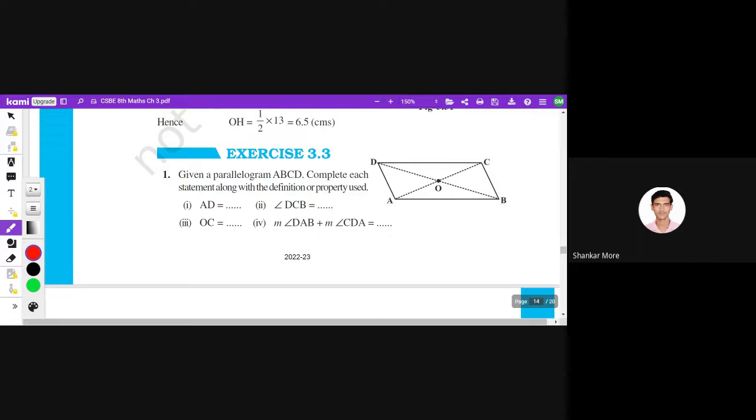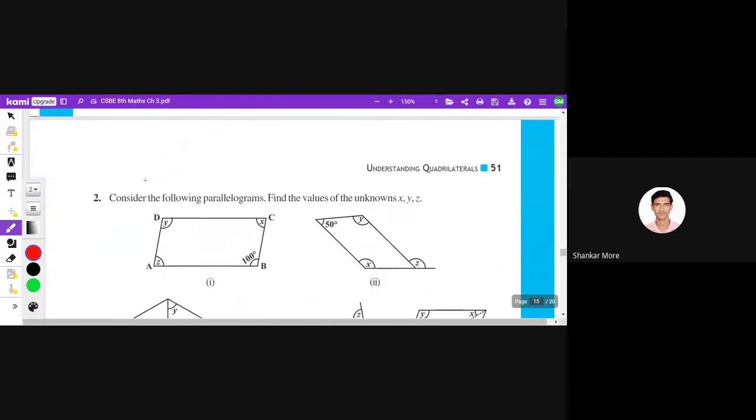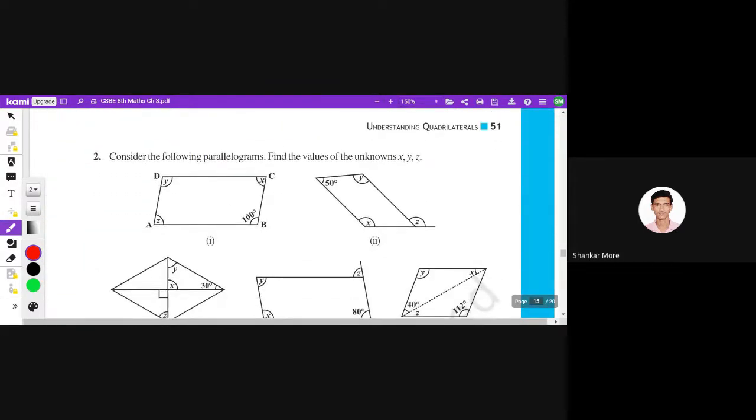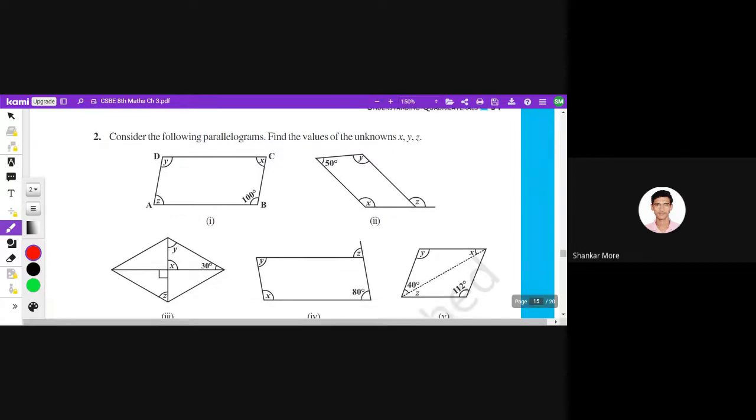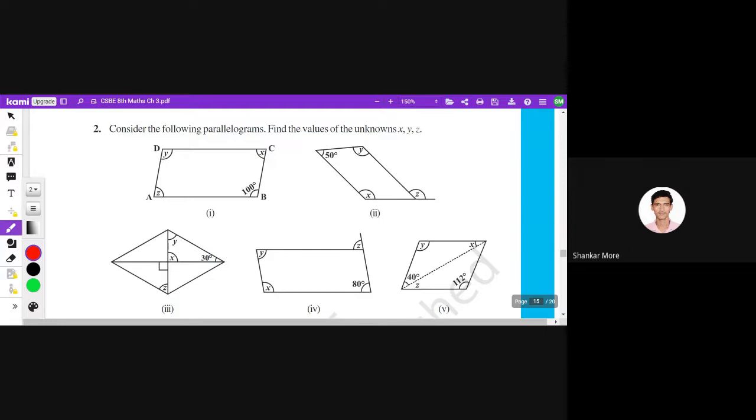We can write 180 also, या फिर हम ऐसे भी लिख सकते हैं कि DAB plus CDA is equal to, what can we write? DCB plus CBA. Perfect. We can write it like that also, अगर हमें angles के form में ही लिखना है तो. Now let's quickly solve these 4-5 figures and we are done for today.